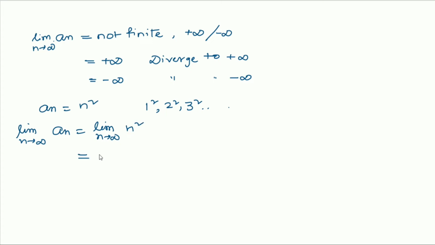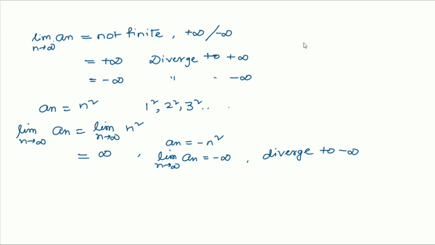As n tends to infinity, n square is infinity, that means plus infinity, so we say it diverges to plus infinity. If we take a_n equal to minus n square, then the limit is minus infinity, and we say it diverges to minus infinity.